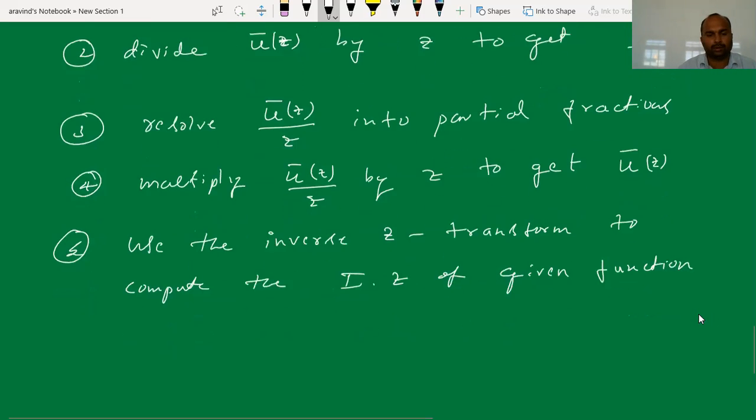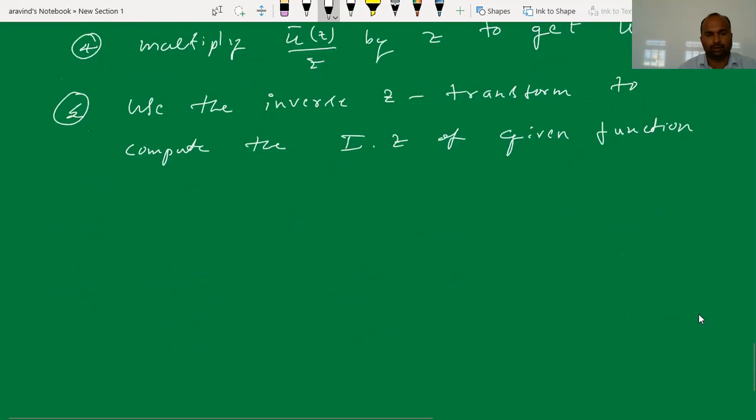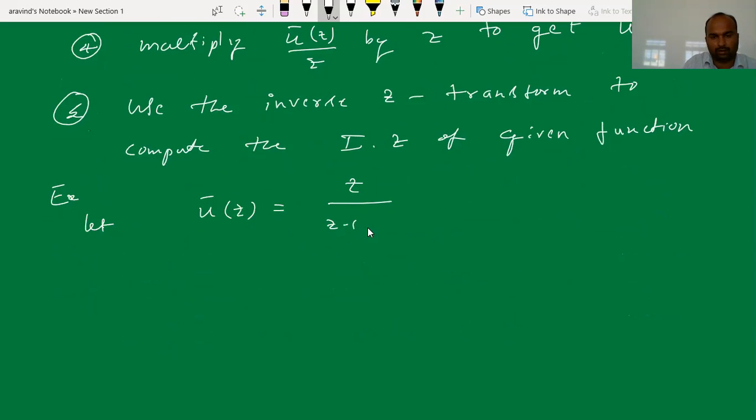Now I will explain the same procedure with an example. I'll take the example u bar of z equals z by (z minus 1) into (z minus 2). See, the denominator here, both are linear terms.